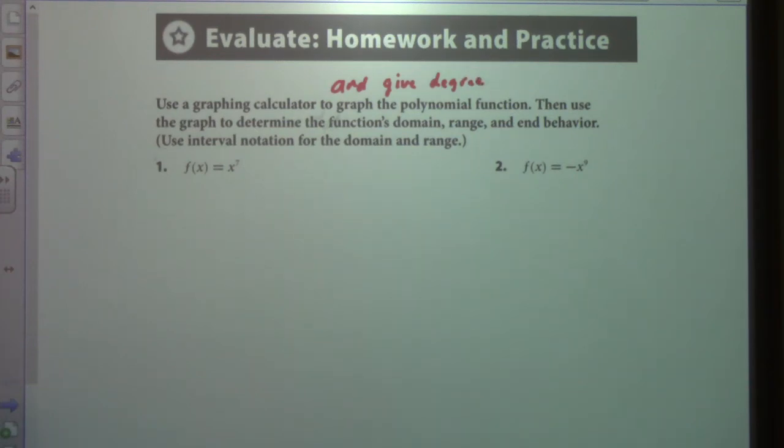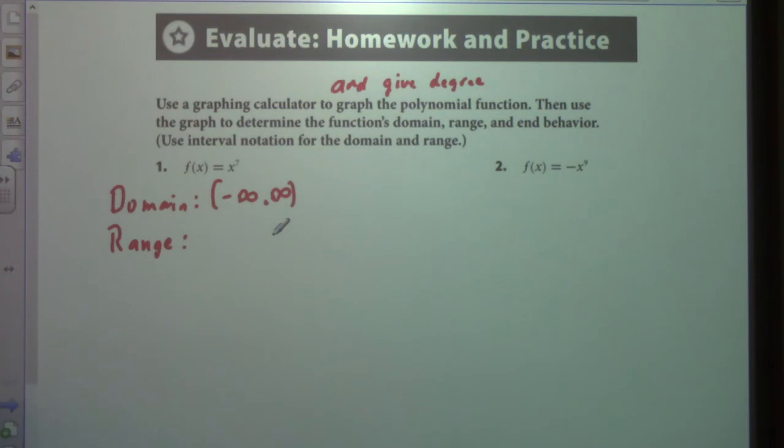So we have x to the 7th power. What's our domain for this one? Okay, what's our range going to be? Is it going to be odd positive, odd negative, even positive, or even negative? I think it's odd positive.